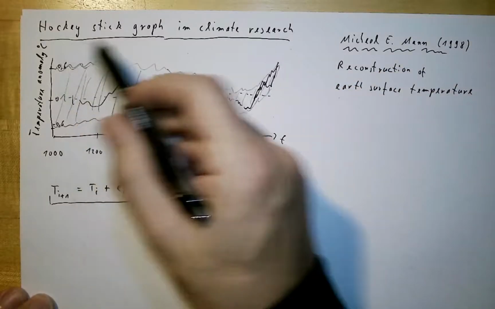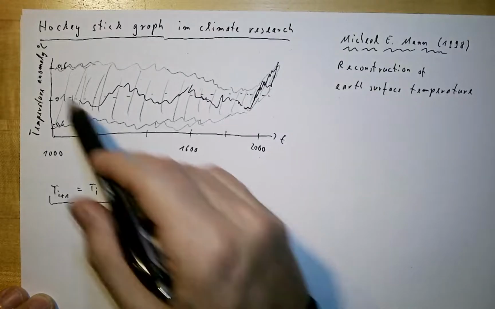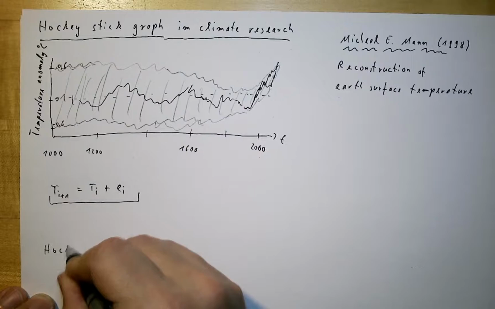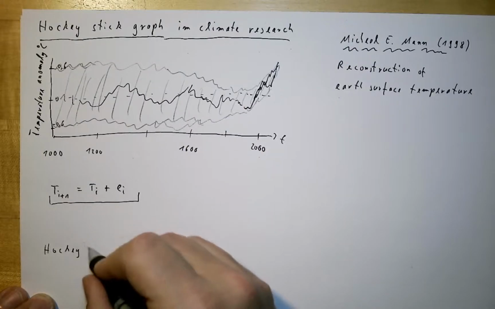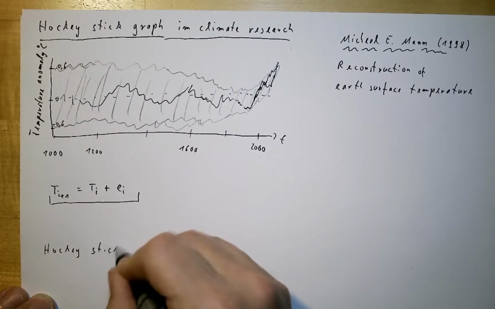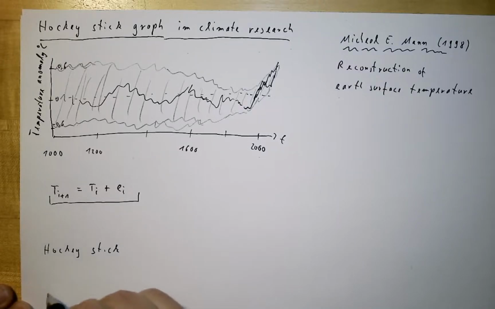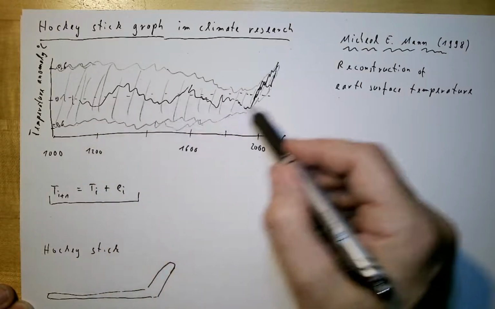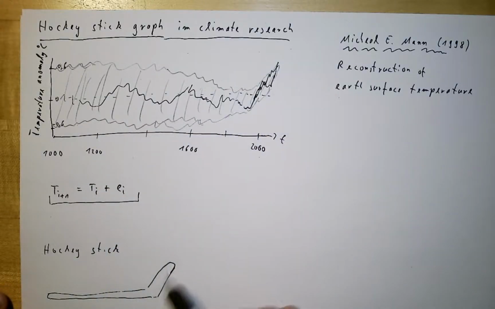And so why is this called the hockey stick graph? Because this whole thing looks like a hockey stick. I mean, you know how a hockey stick looks like this. So you have this hockey thing, and then here you have this trajectory, which looks a little bit like this, and we want to know, is this a new process or is this just by chance?